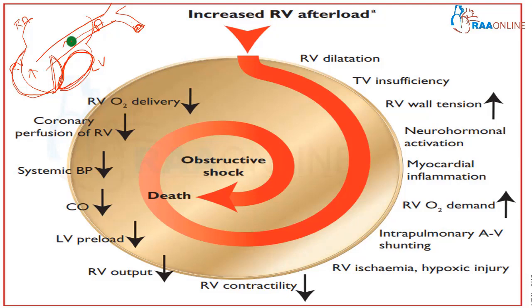So, when there is an increased pulmonary artery pressure, this pressure gets transmitted into the right ventricle. So, the right ventricle bulges, neurohumoral hormones get activated. So, myocarditis happens. This myocarditis is one reason where you can see hypotension even after treating your pulmonary embolism. Okay. So, the work of contraction of the right ventricle increases, whereas the blood supply decreases. So effectively you can get a right ventricular infarction also.